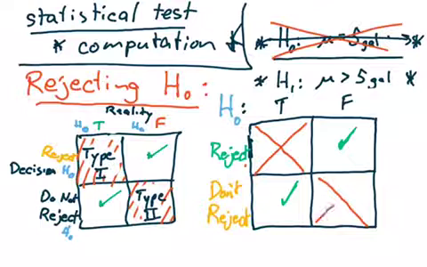Versus here, type 2 error would be what? That they're not innocent. It's false. H subscript 0 is false, but we say, it's okay, they didn't do it, they're good, don't convict them, acquit them, right?